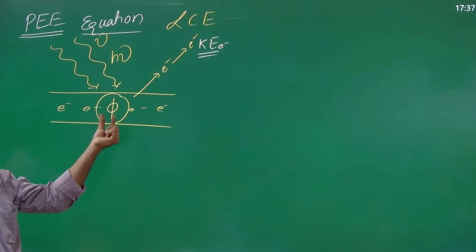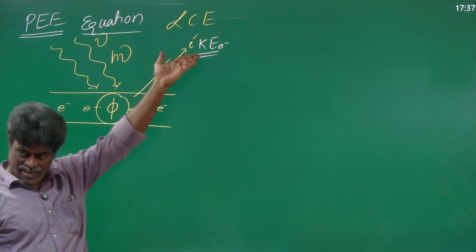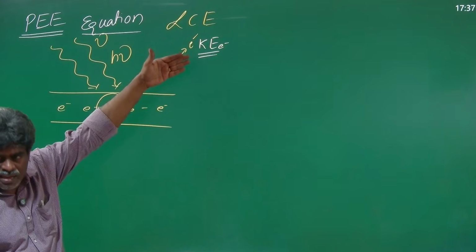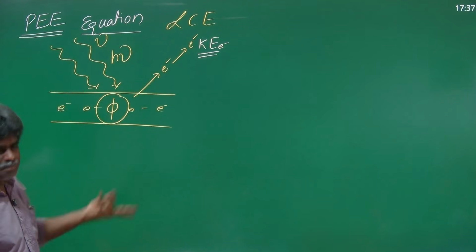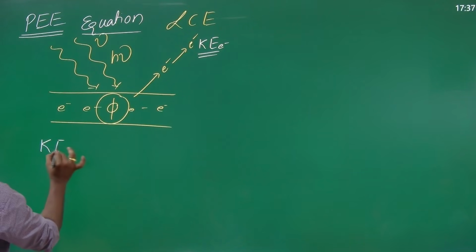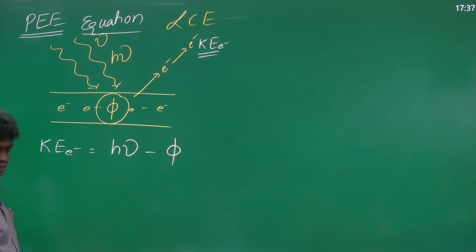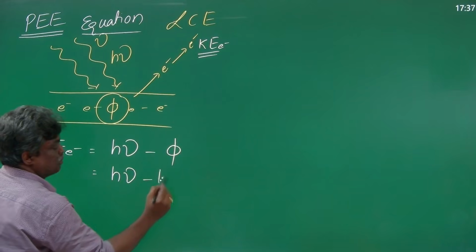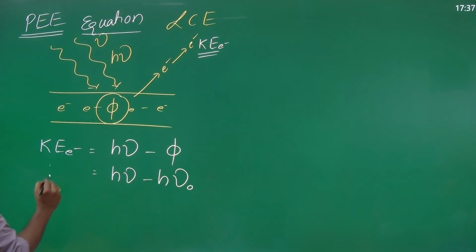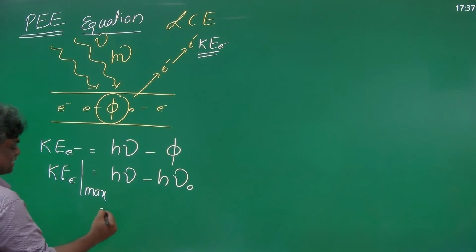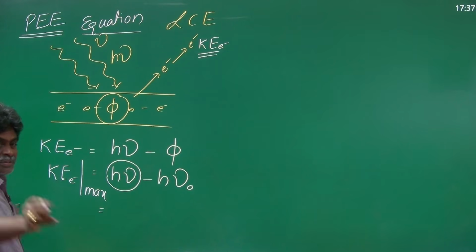How much is spent? What remains equals what is sent minus what is spent. So the kinetic energy of the electron equals h nu minus phi, which is h nu minus h nu naught. Is this the maximum or minimum kinetic energy? Maximum energy. Now what is this h nu in terms of lambda?